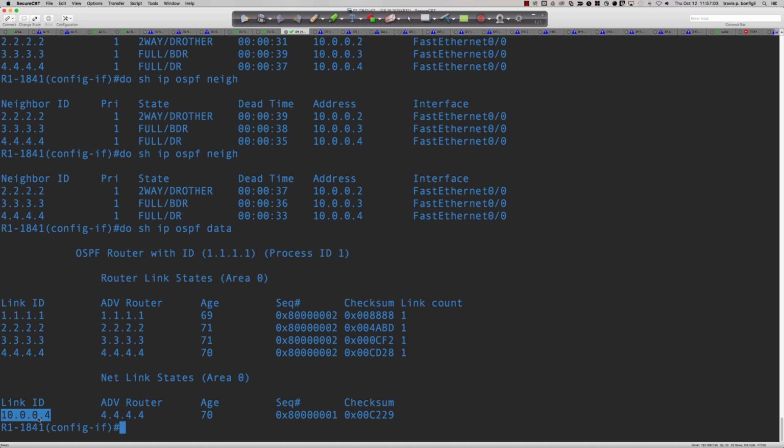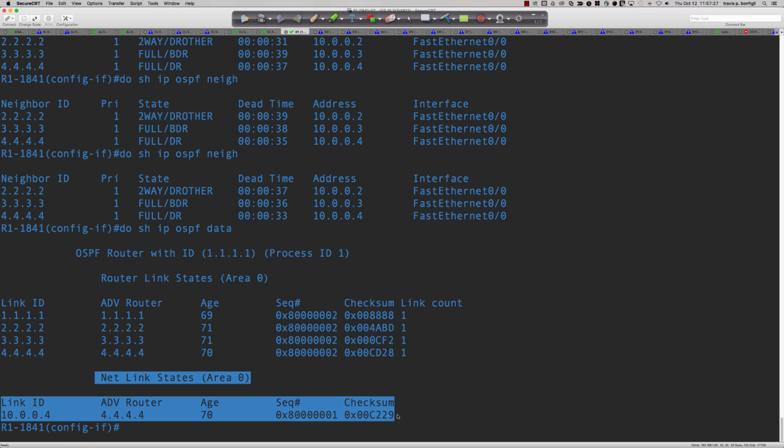So this just happens to be the IP of router 4. The same is true of all the routers: 10.0.0.1, 2, 3, 4. There is the OSPF router ID, and there's the age of that link state advertisement for the type 2 network LSA. When I said abstraction, this is what I meant.